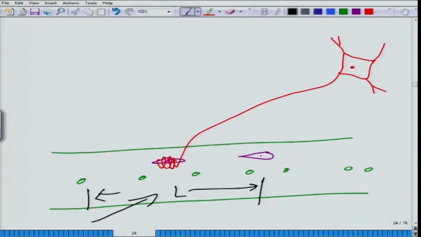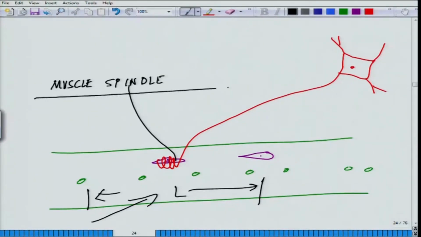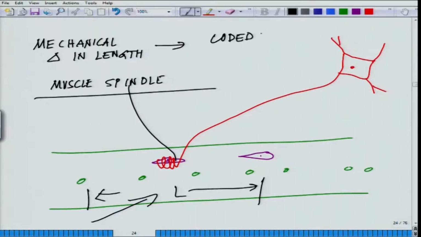This change in length is being sensed by this muscle spindle. In other words, the mechanical change in length is coded into an electrical signal.